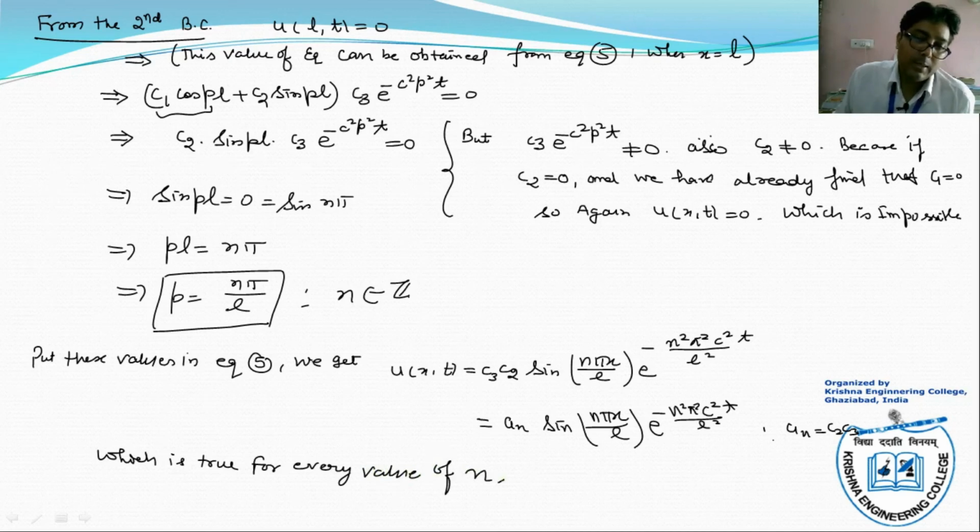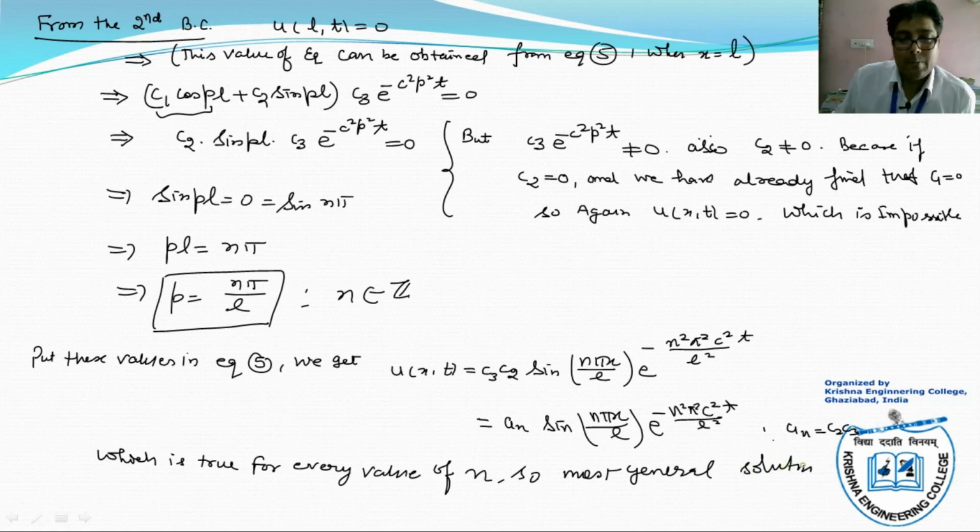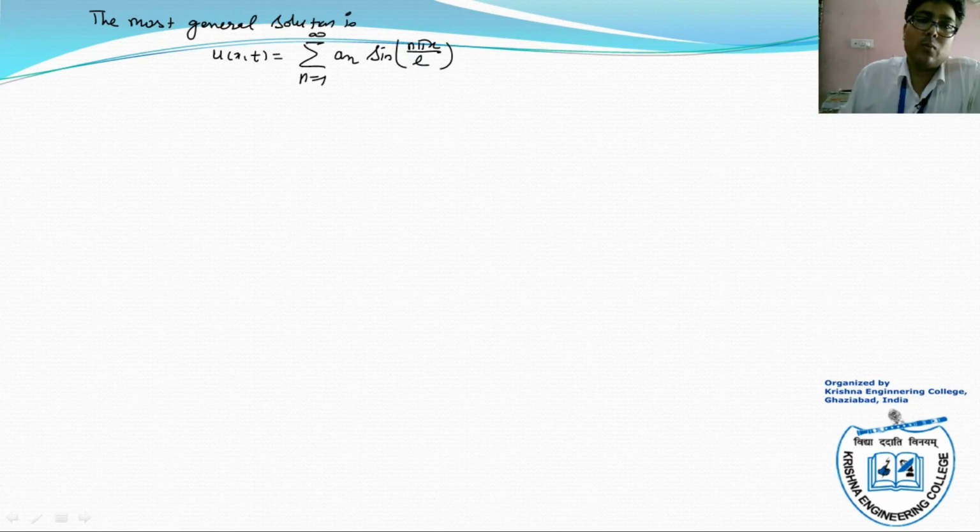So the most general solution is u(x, t) is equal to the sum from n is equal to 1 to infinity of a_n sin(n pi x by L) into e to the power minus n square pi square C square by L square into T. This is equation number 8.